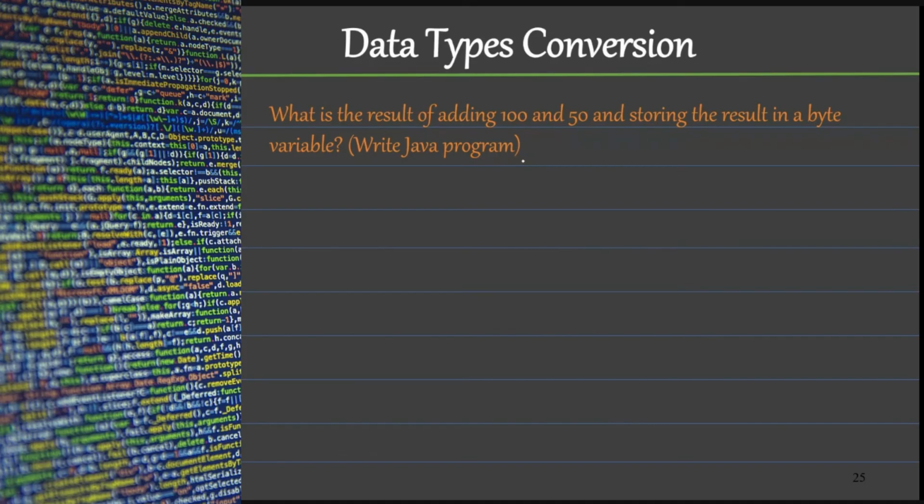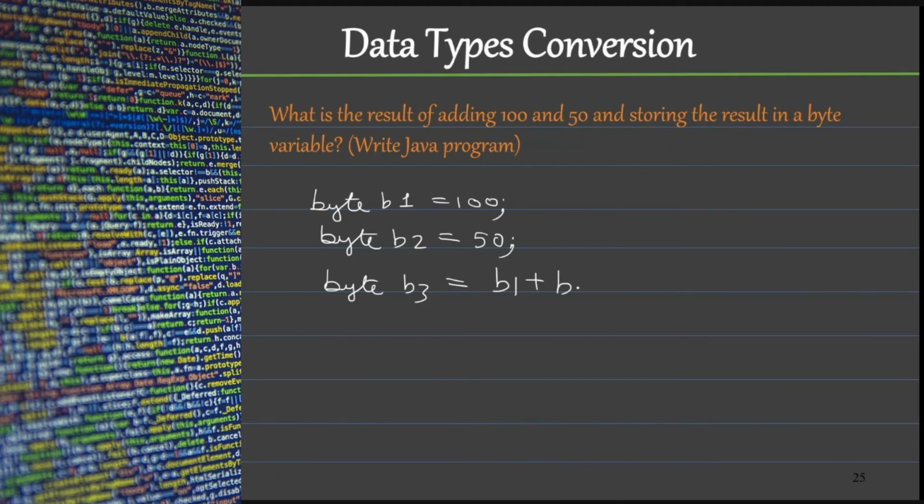And to explain my point, I have one very simple question, and you have to do it with the program only. The program is like this: you have two bytes. Byte b1 is equal to 100. Okay, no problem. Then byte b2 is equal to 50. Absolutely no problem. Now you are defining byte b3, and you are telling that it is b1 plus b2.